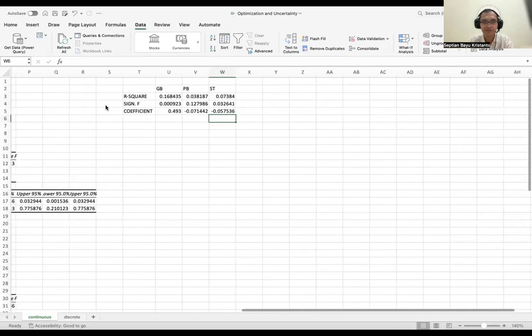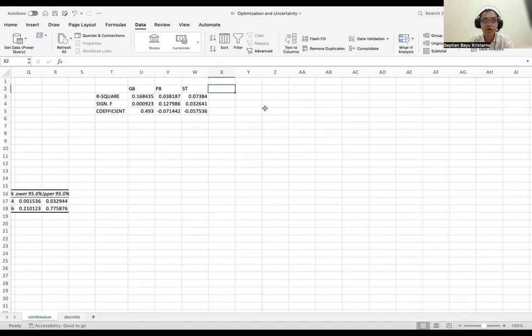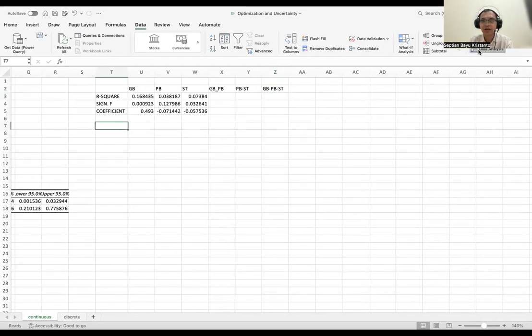Okay. For the next, I will combine government bonds and private bonds, private bonds and stock, and government bonds, private bonds, and stock. Let's do the three kinds of analysis.